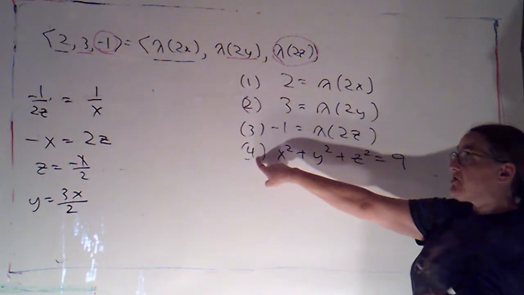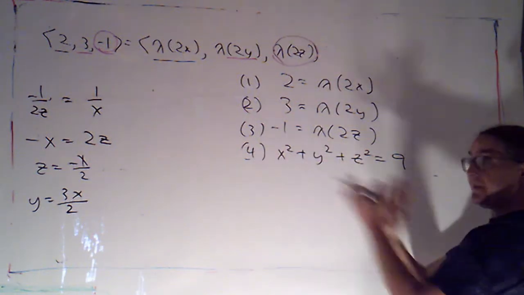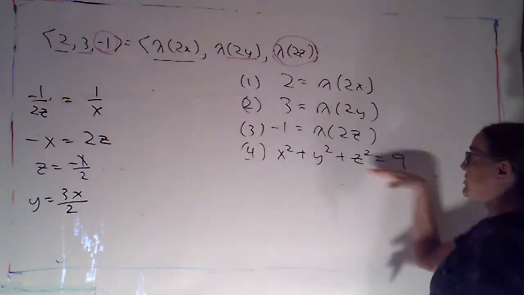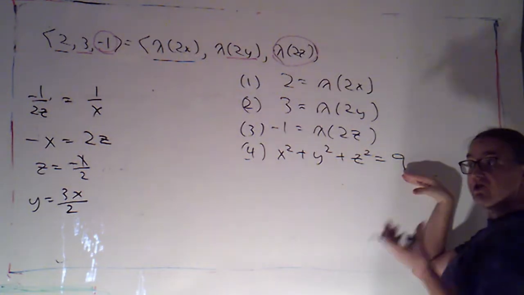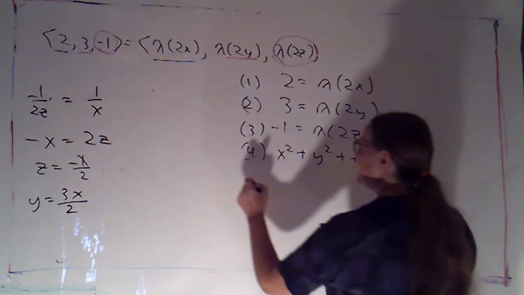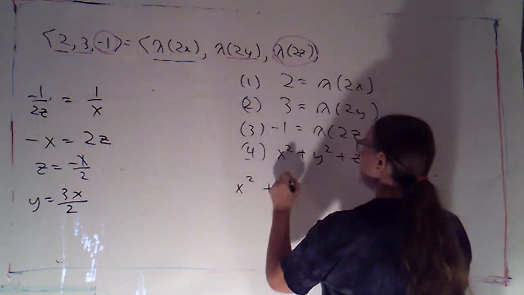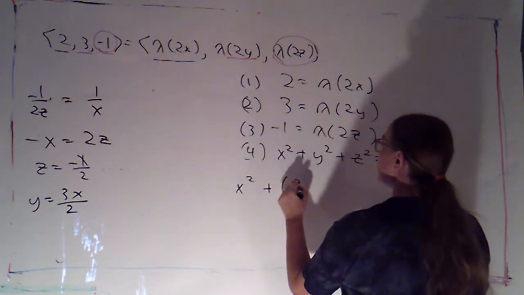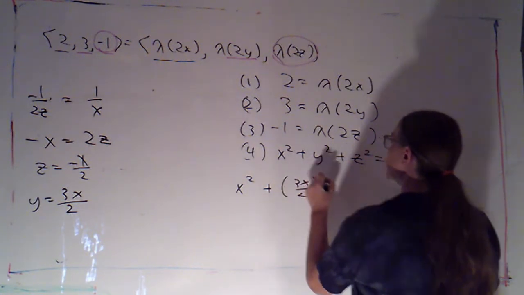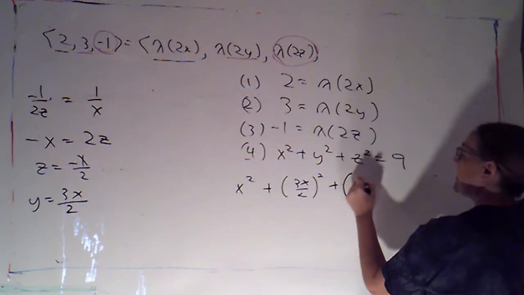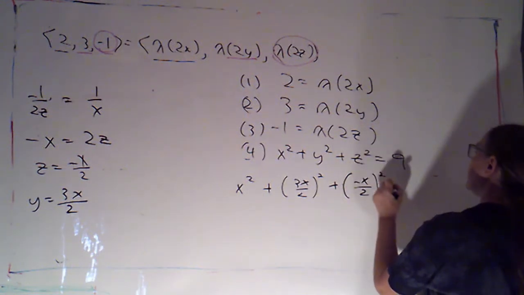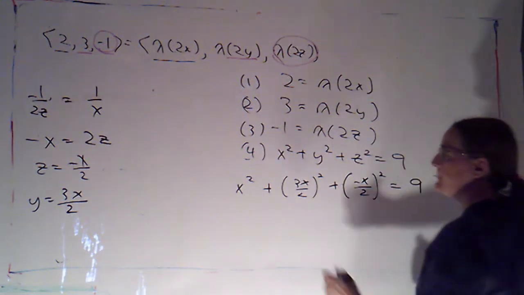All right, so now I can use equation 4. I've expressed everything in terms of x, so I'm going to just plug in. I'll have an equation in just x, and I'll solve for x. So x squared plus y squared becomes 3x over 2, the quantity squared, and z squared becomes negative x over 2, the quantity squared, and that equals 9.